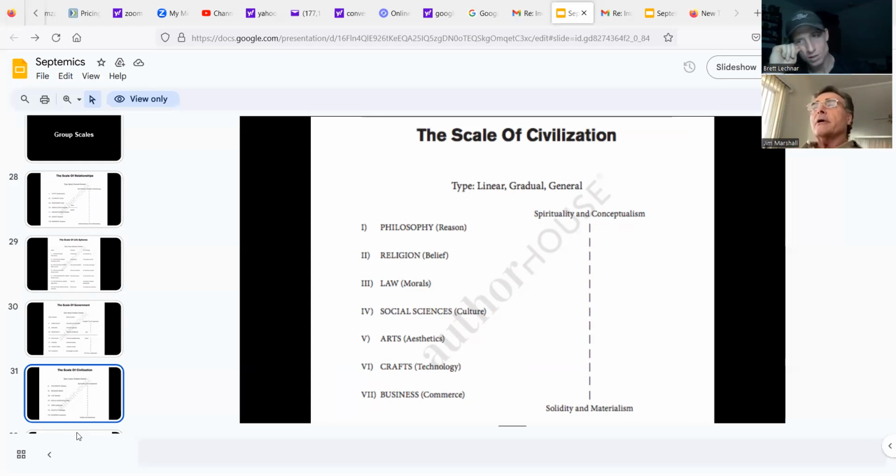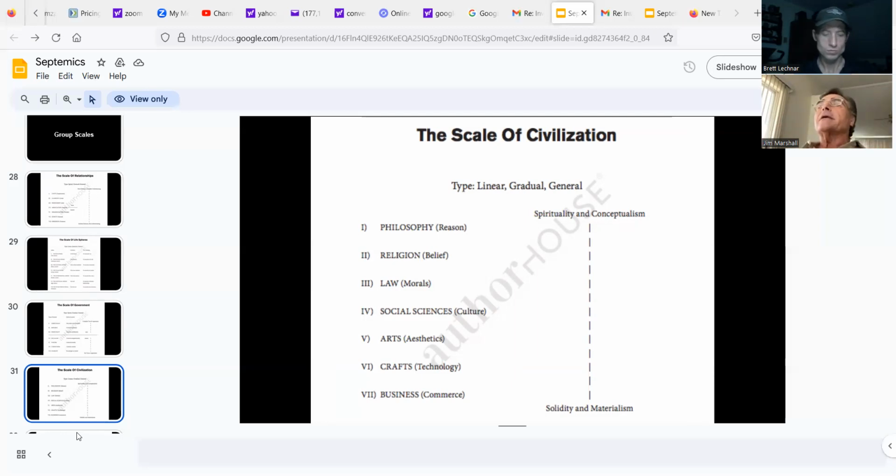So the barbaric and the primitive are not considered in this scale. This is a linear scale, meaning there's no apparent overlap between level 1 and 7. Gradual, which means there are intervening stages, and general, which means once you spot a particular civilization, you're done.